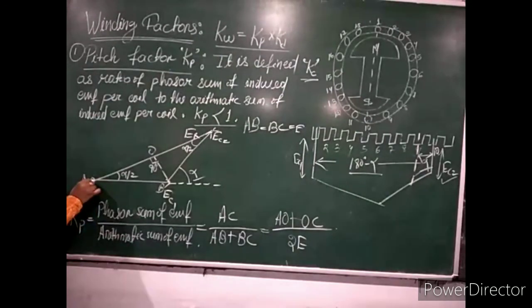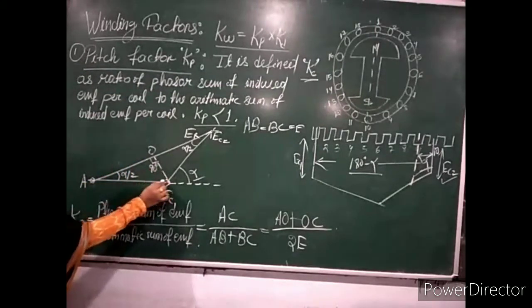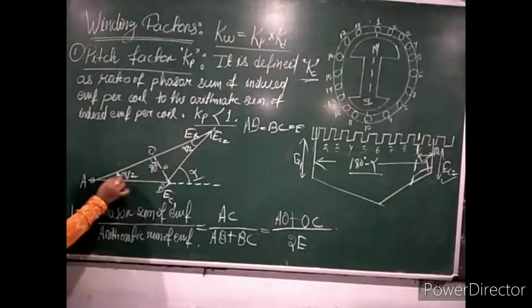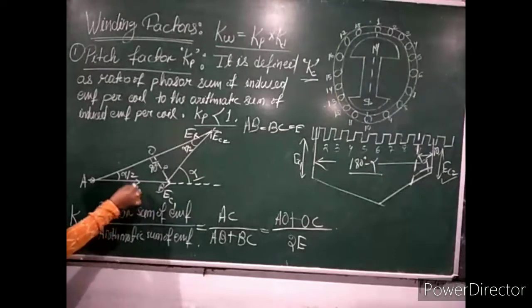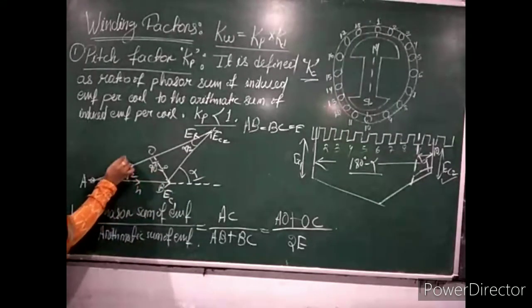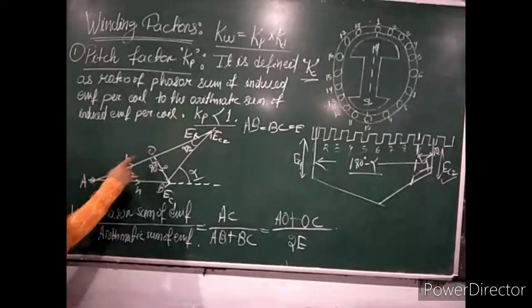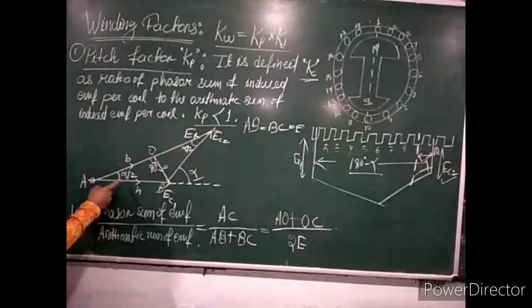AO. If you see this small triangle, then this part is the perpendicular, this is the hypotenuse, and this is the base. So what is AO? It is the cosine part.